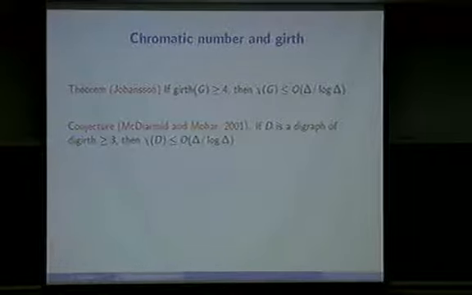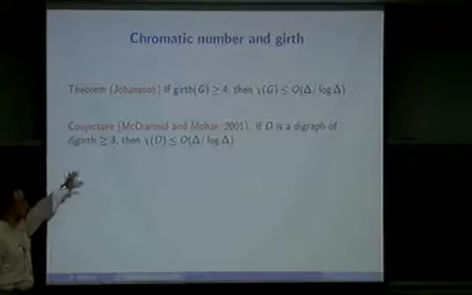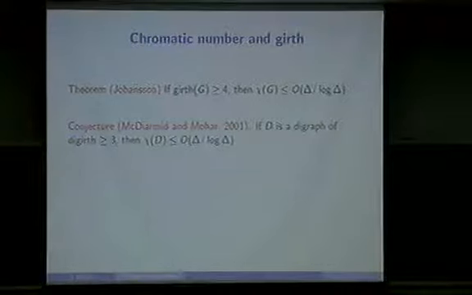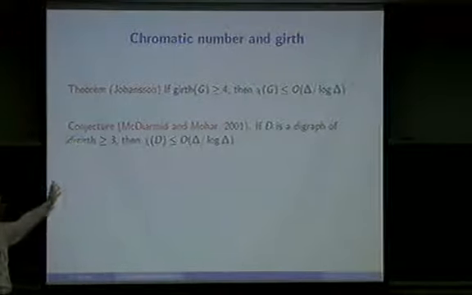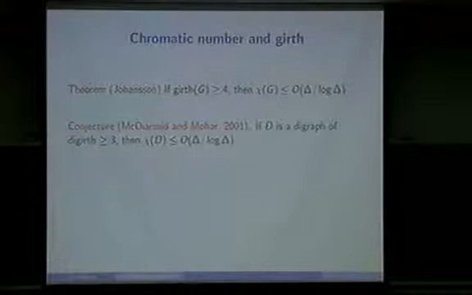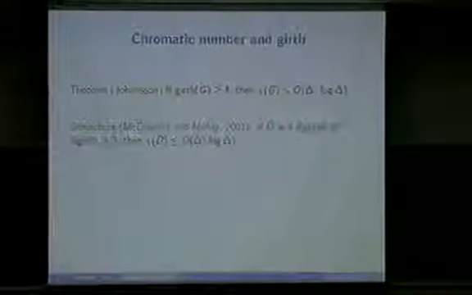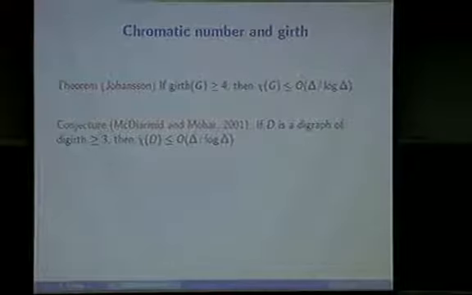And actually, for digraphs, this is the conjecture that I made with Colin McDermott back when I started working on this, that for digraphs we just say digirth 3, so we don't just forbid digons, and then we would have something similar.